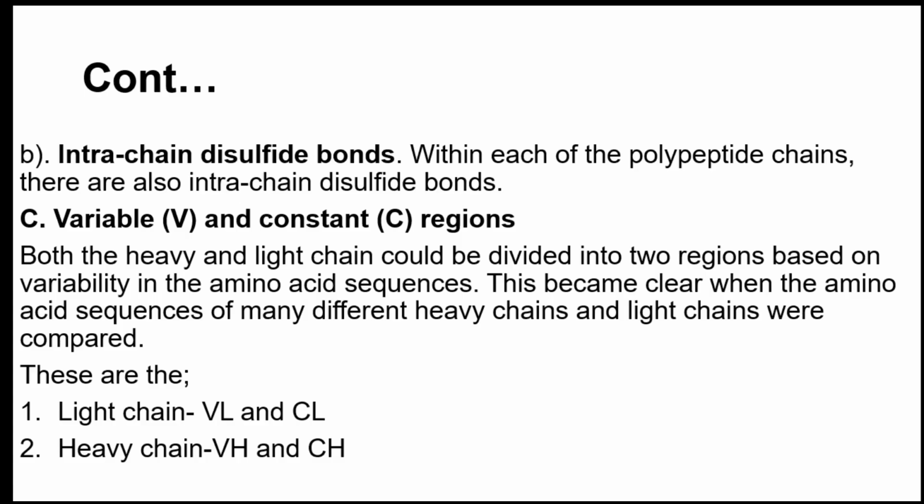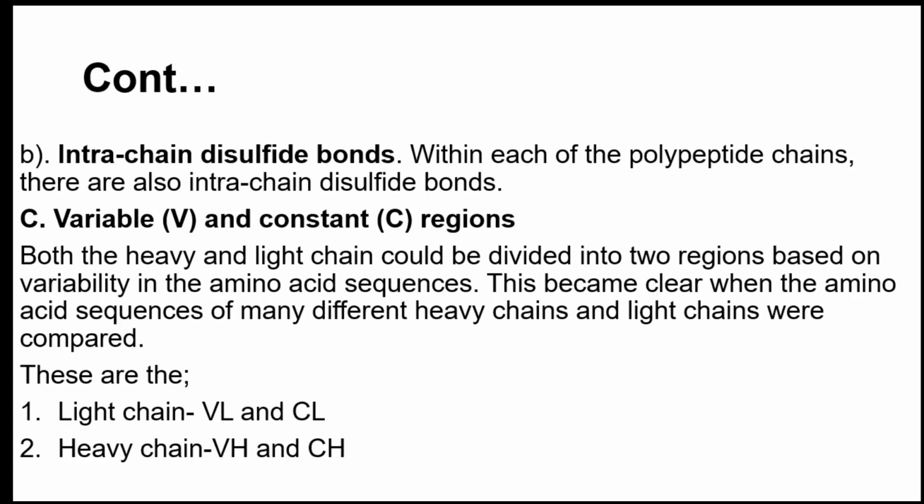We shall also see the other one, which is the intra. Intra is in the chain. You understand? So we see that we have the intrachain disulfide bonds. Now these ones are within the polypeptide chains.